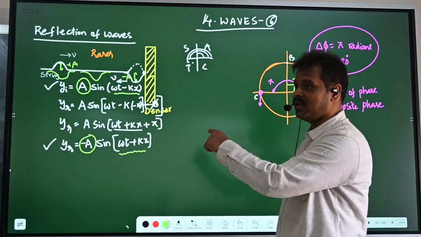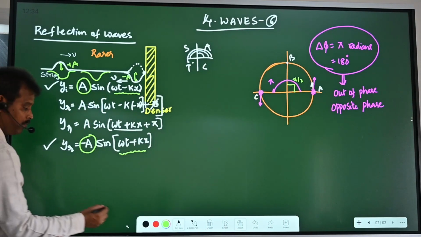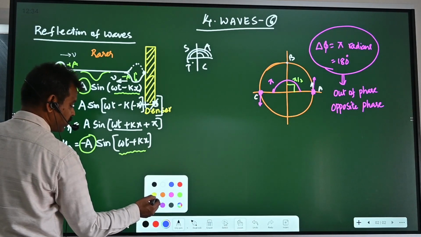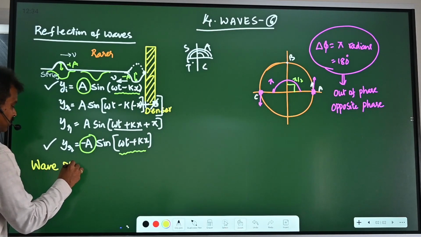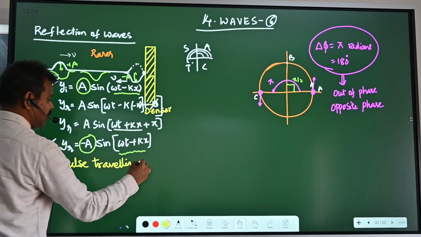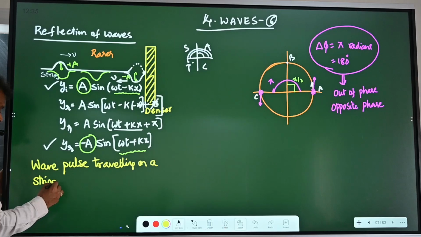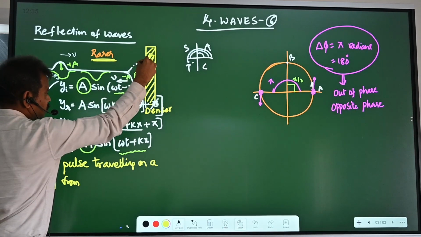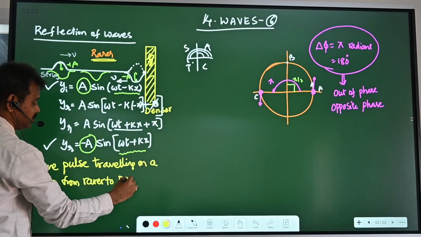So what is happening here? Wave is traveling from where to where? Rarer to denser or denser to rarer? Wave pulse traveling on a stretched string, we can write string, from rarer to denser.